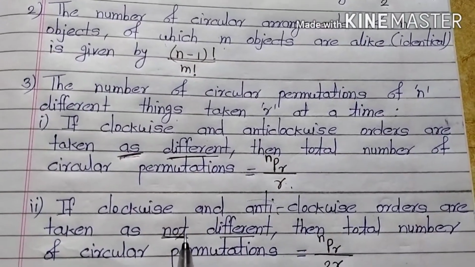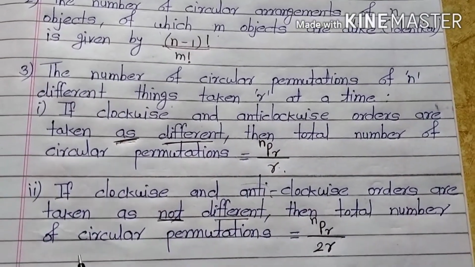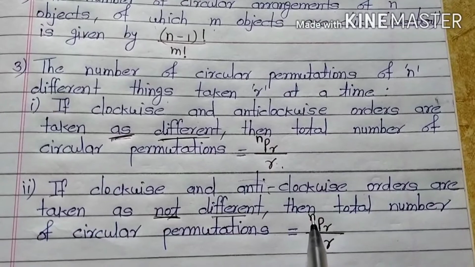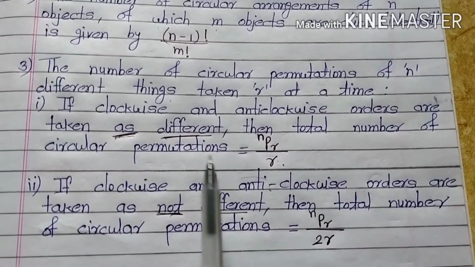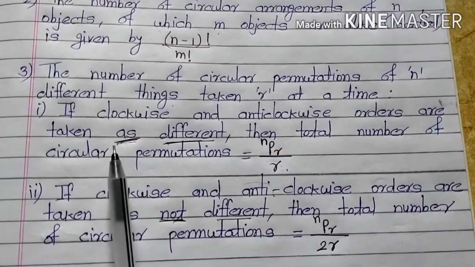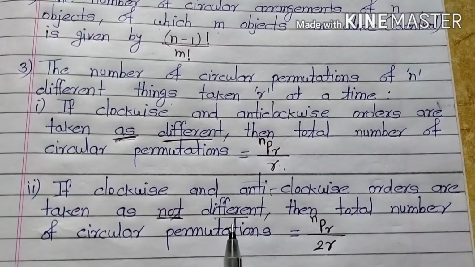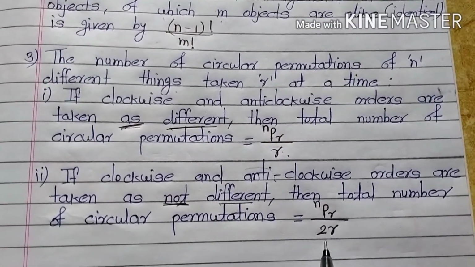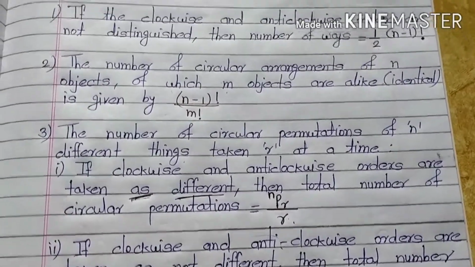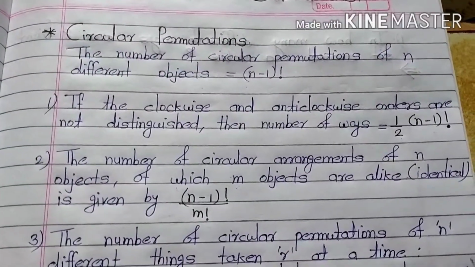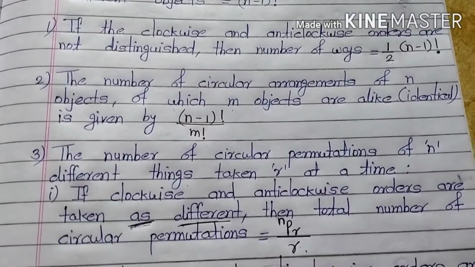And if not different, then the total number of circular permutations is equal to nPr upon 2r. You can observe, if it is different, then divide by r, and if it is not different, then divide by 2r. So these are the formulas which are useful to solve examples.